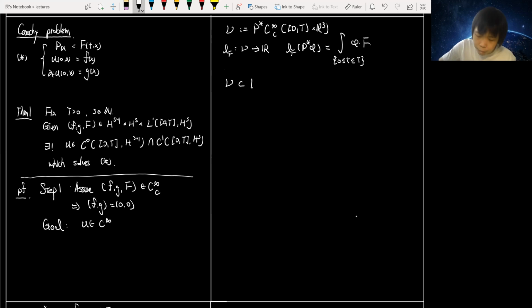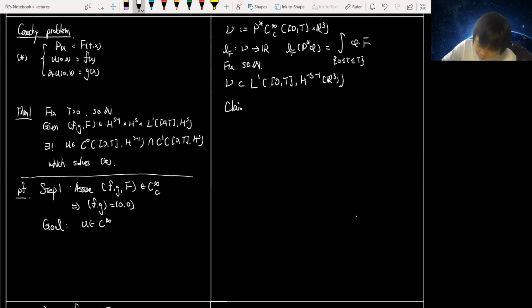In particular, that would be a subspace of L1, 0 to T, H minus S minus 1, R3. Here, I should first fix an integer. It holds for any S, simply because everything is smooth with compact support.